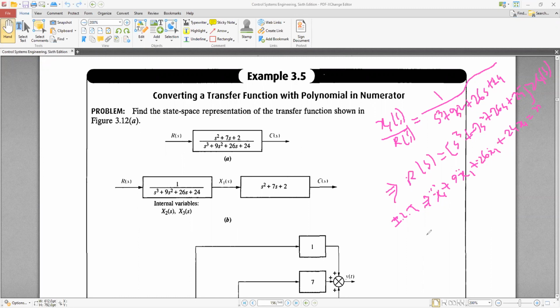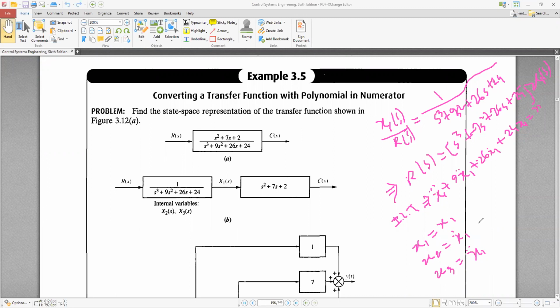Now what would happen? If you take the internal variables as x1, x2, x3, let's say x1 is equal to x1, then x2 is the first derivative of x1, and x3 is the double derivative of x1.